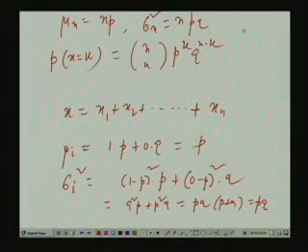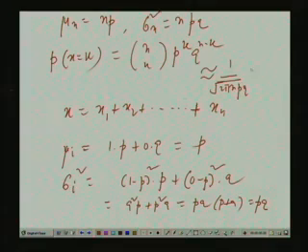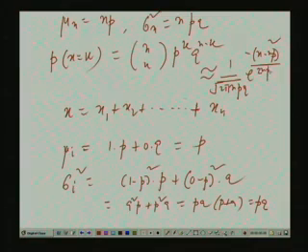But going by the central limit theorem, if n is large, this should be approximately equal to 1 by root 2 pi times the square root of sigma x square, and sigma square is p q, so sigma x square is n p q. So, square root n p q, e to the power minus x minus n p whole square by twice n p q.